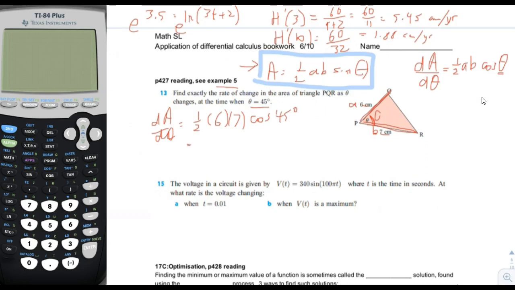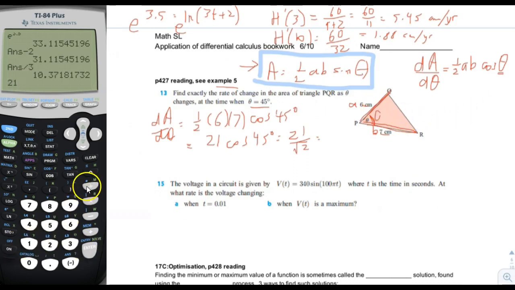So basically that's going to be 21 cosine of 45 degrees. And cosine of 45 degrees is 1 over square root of 2. So it's 21 over square root of 2, which is about equal to 21 divided by square root of 2, 14.8.